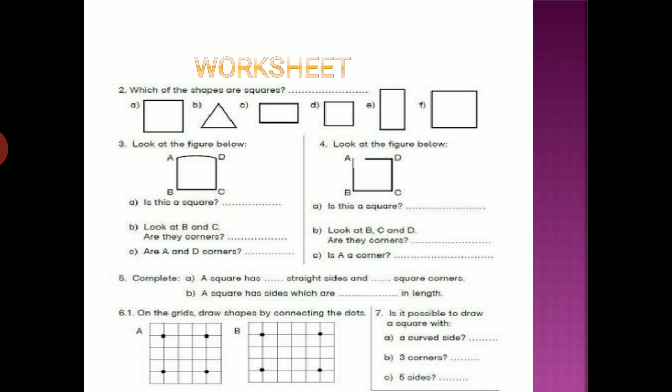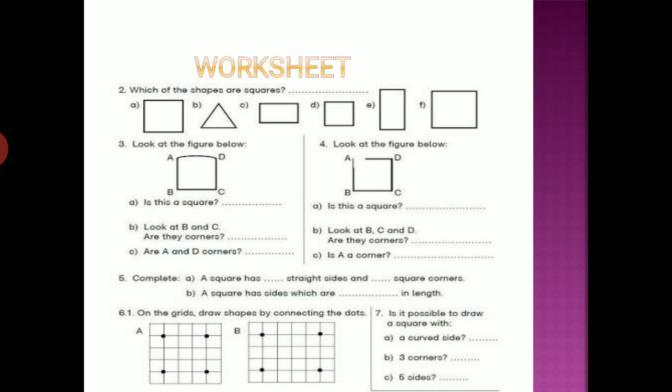Now next B, look at B and C. Are they corners? Yes, B and C are corners, because corners are made up of meeting two straight lines. So here AB and BC are straight lines and they are meeting at point B. And again CD is also a straight line, BC is also a straight line.